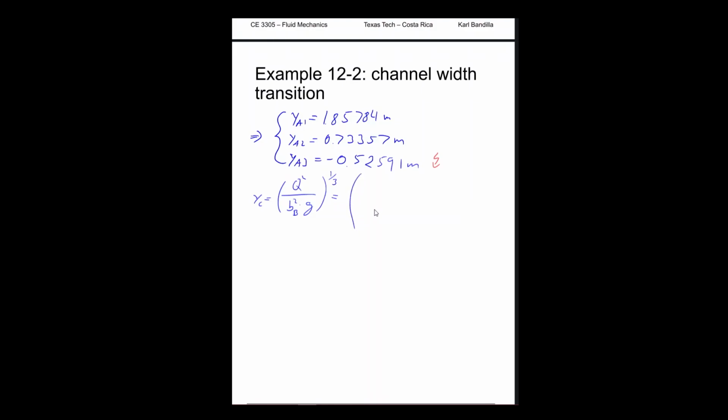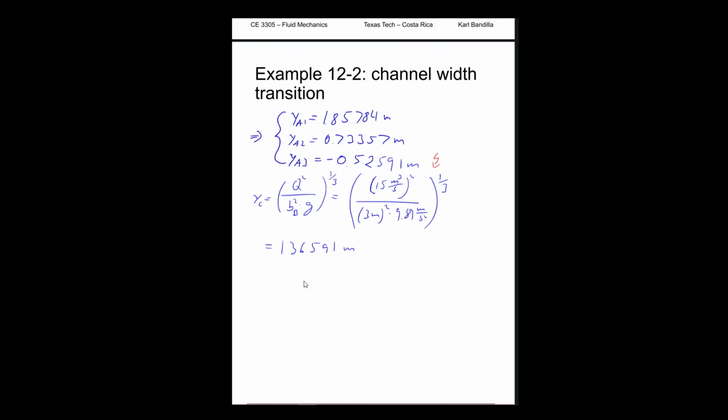So that would be 15 cubic meters per second squared divided by 3 meters, the width at B, times 9.81 meters per second squared. Not to forget, to the 1/3 power. And that gives me 1.36591 meters. So this is the critical depth.